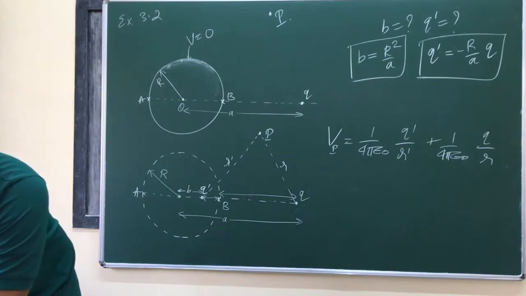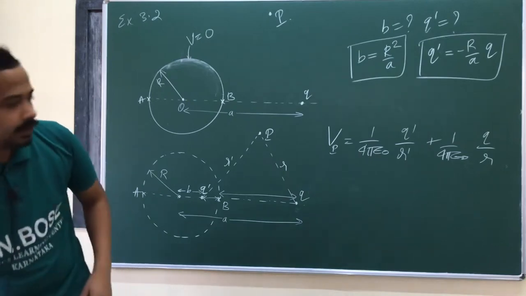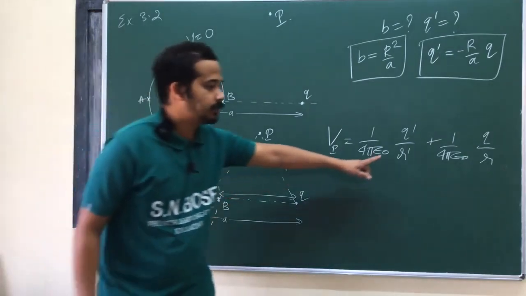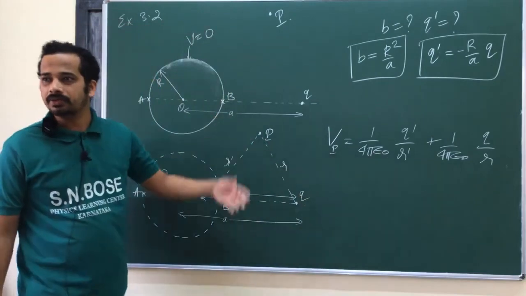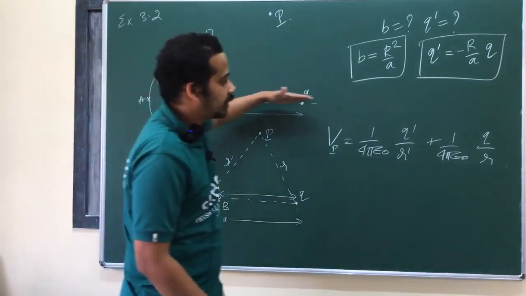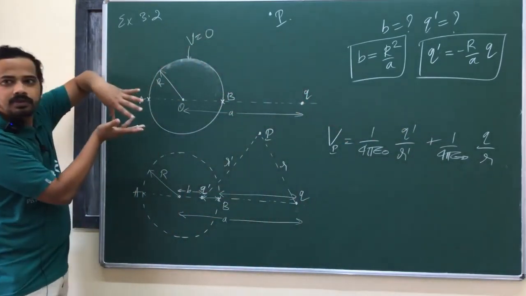Now, what are these magnitudes? In problem 3.8, you need to write this in spherical polar coordinates. Cartesian is not so comfortable. What you can do is choose your z axis along this line, and when you rotate the system about it, you have symmetry, isn't it?